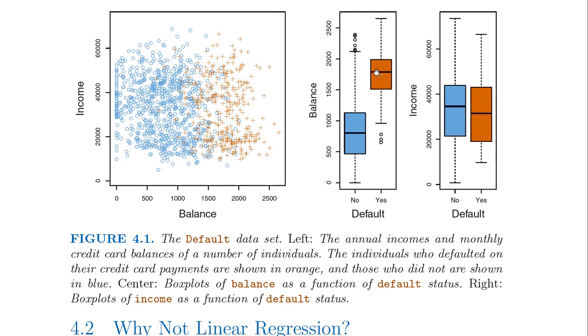And you can see it's significantly higher. The balance is what is yet owed on a specific card than the median balance for the observations that did not default. Whereas income, they are considerably closer.